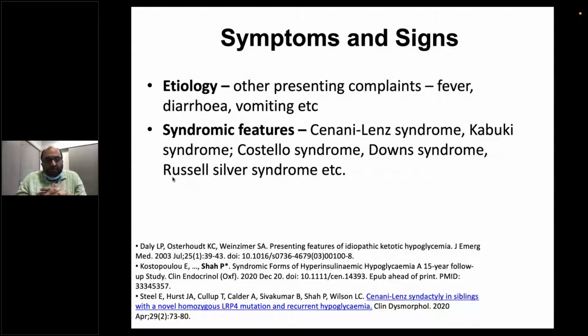Children who may have syndromic features or underlying syndromes, and there are several conditions already reported to cause hypoglycemia, for example Sinani-Lenz syndrome, Kabuki syndrome, Costello syndrome, Down syndrome and Russell-Silver syndrome. So you have to think about that when you see children with these syndromic conditions, and if they have any symptoms suggestive of hypoglycemia, then think about investigating them.